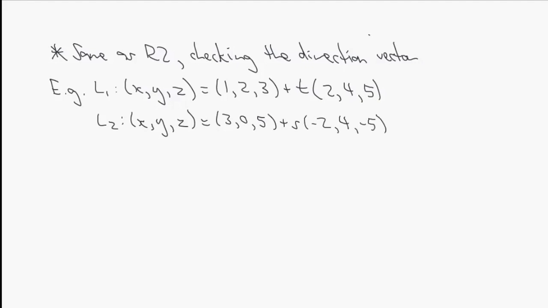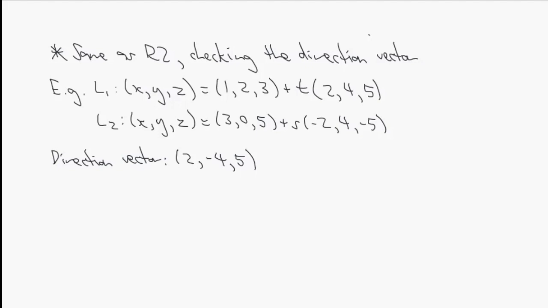Okay, so to show you, basically the direction vector, we can see that it's (2, 4, 5).